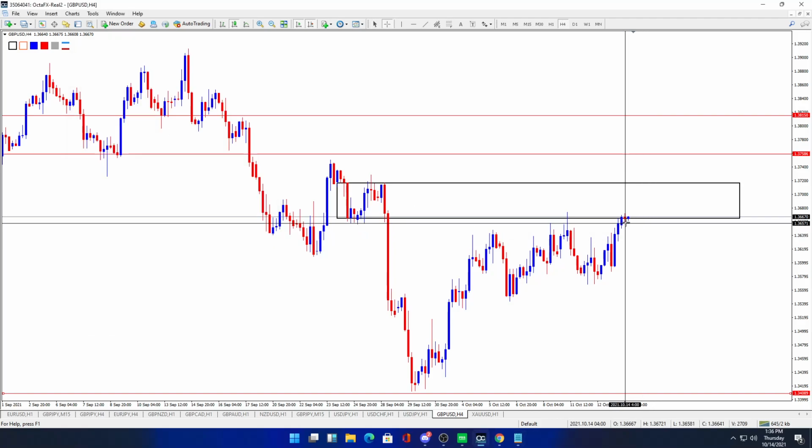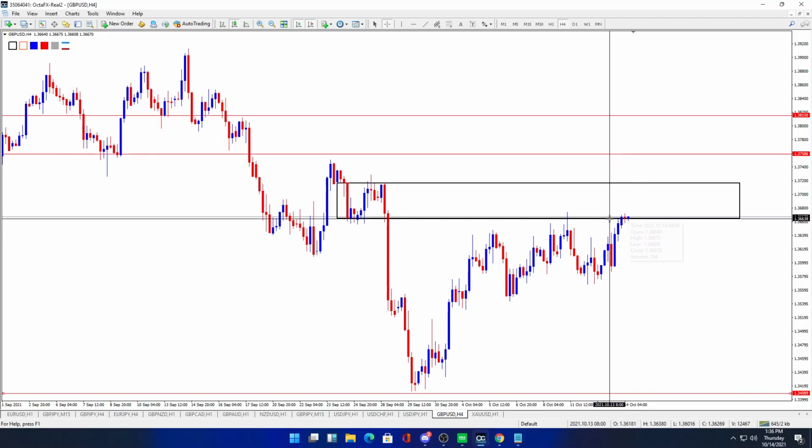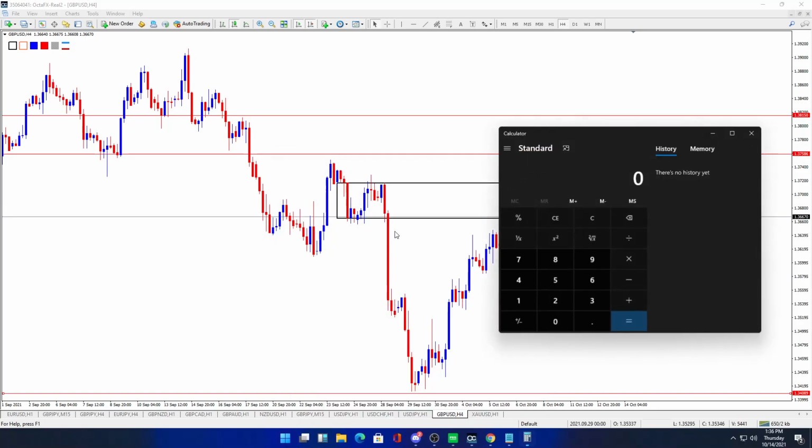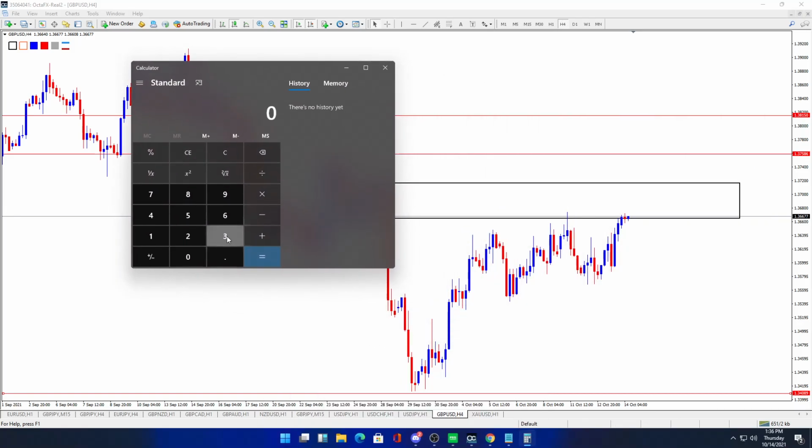Okay. If I want to entry and I calculate from here to here, it's around 95.2. So this is how I calculate: 0.05 times your capital 100.